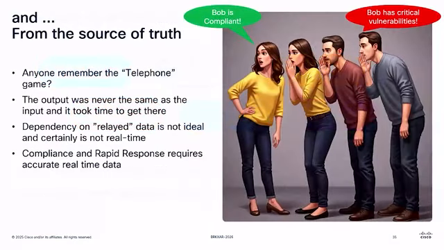And anybody play telephone game when you were younger? Right? If I tell you something and we have to go all the way through the class here, by the time it gets back to the back, it's going to be completely different. And it's also going to be what? Stale, old, because I told it to you 10 minutes ago and it took that long to get back there, right?